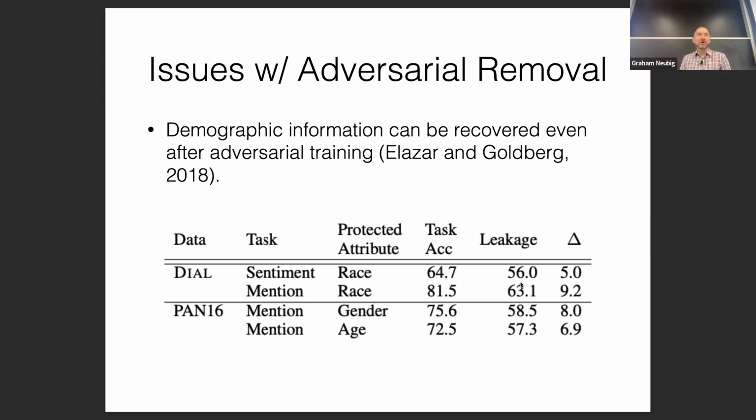So what I want to say is that you shouldn't trust this too much. It might be a useful tool to help mitigate biases, but in the end, what you really care about is whether your model is performing well on the task that you want to be doing. So I think downstream evaluation of disparate impact in the final model is something you need to be doing, even if you're adopting these approaches.